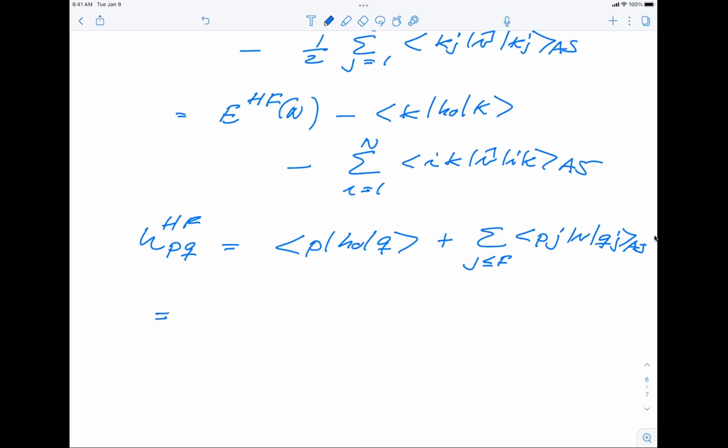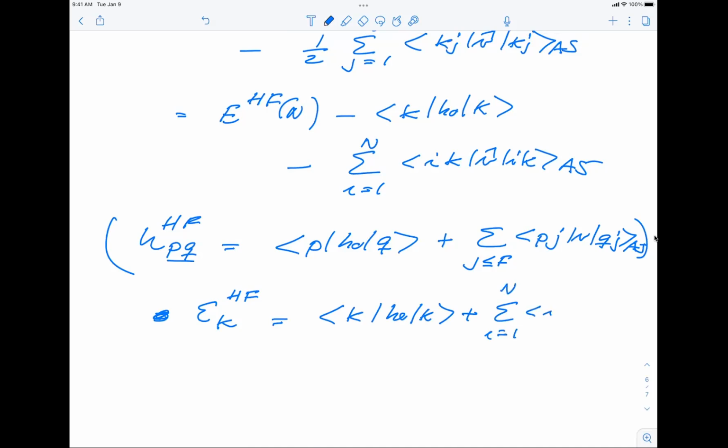So this is actually equal to, if you think of the Hartree-Fock Hamiltonian acting on a specific state. So PQ means that we have specified the matrix elements. So we have defined the Hartree-Fock energy for that specific state as <k|h0|k> plus the sum over I equal 1 up to n, or less than the Fermi level, of <kI|v|kI> anti-symmetrized.